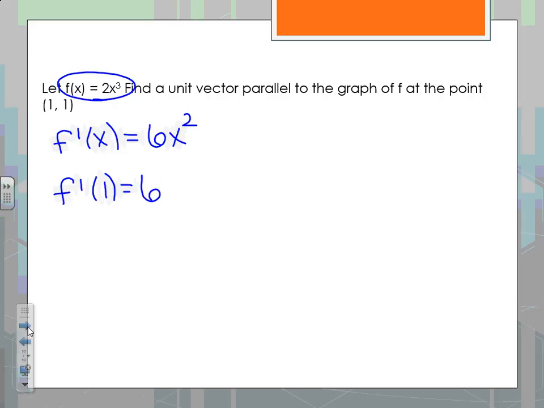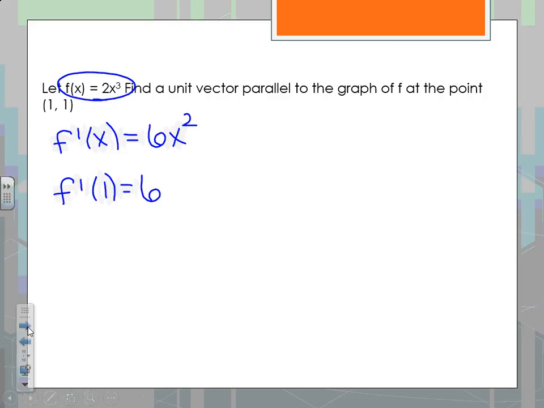What would a vector be that would be parallel to that point? If the slope is 6 at 1, how could we describe a vector with a slope of 6? Have the y component equal 6 and have the x component equal 1.